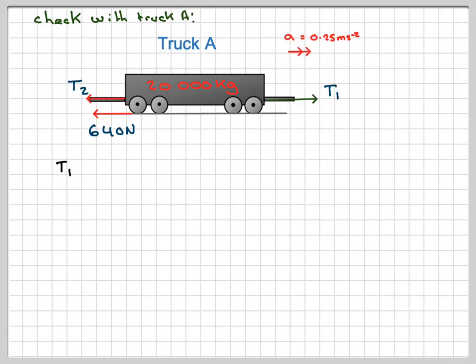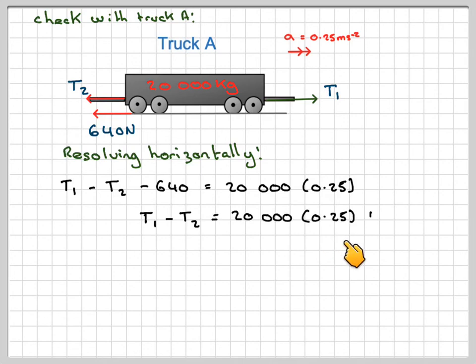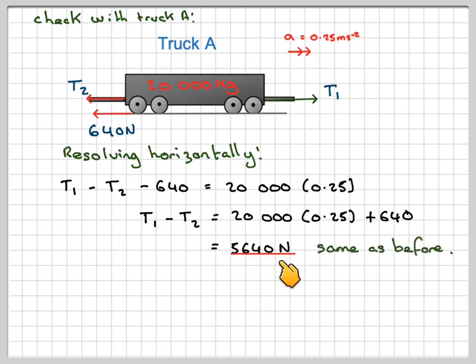Resolving horizontally, T1 minus T2 minus 640 is equal to the mass, 20,000, times the acceleration, 0.25. Therefore T1 minus T2 is 20,000 times 0.25 plus 640, which gives me 5,640 newtons. This is the actual difference, which is the same as before, so we were okay.